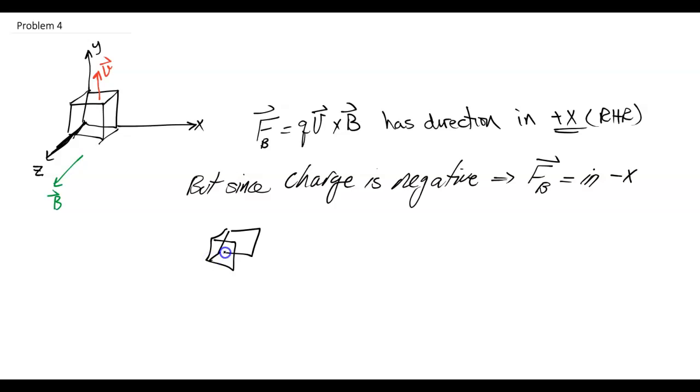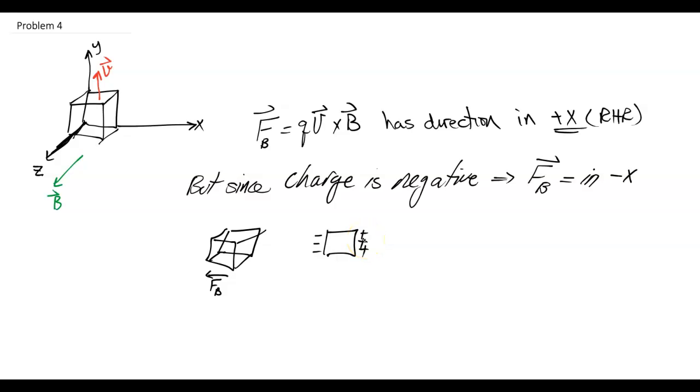So if we look at the cube, then what we're going to see is all the charges are moving to the left hand side. This is where FB is going to be pointing. If I look at it face-on, then all the electrons are going to go to the left, which means I have an excess negative charge on the left hand side, and then I'll have an excess positive charge on the right face.